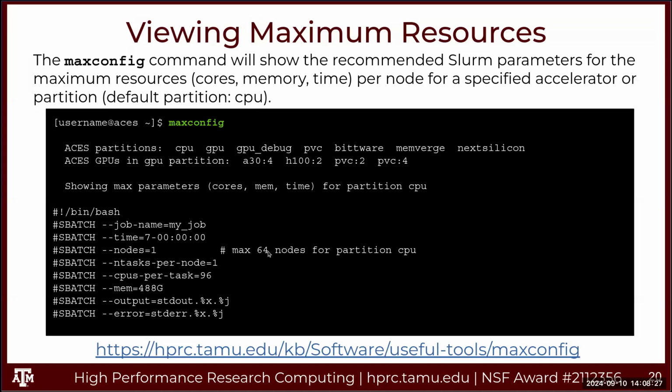The maximum was 64 nodes, which we saw earlier. That comes from the sinfo command. So there's also a note here that tells you there's 64 for the CPU. If you were to run GPU, you would see a different max and a different max runtime. The max CPUs per task is 96. There's 96 cores on the node. The max amount of memory you can configure is 488.